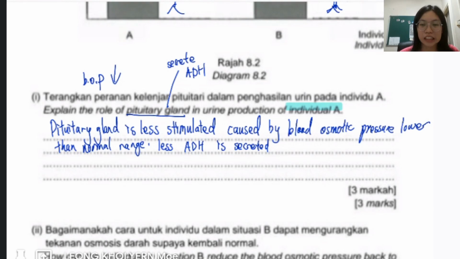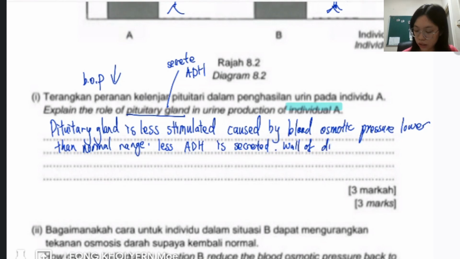So less ADH is secreted. The one in charge of the absorption of water, this ADH, actually acts on the wall of the distal convoluted tubule and the wall of the collecting duct.